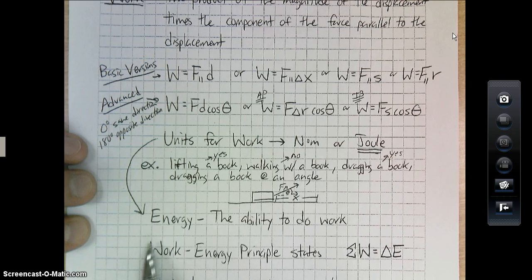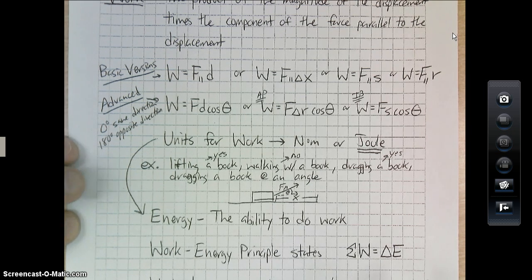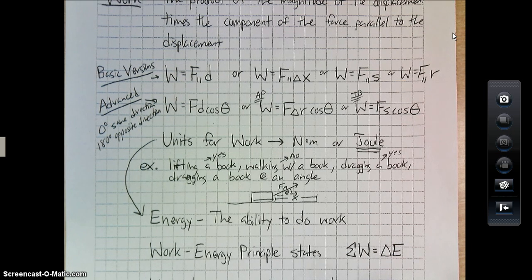But we can sum it up with what's called the work energy principle, which says whatever net work we do results in a change in energy. For example, somebody who decides they're going to run. If you start running, you're changing chemical energy stored in your body into kinetic energy. We haven't talked about this type of energy yet, but it's energy due to motion. You're transferring your chemical stored energy into kinetic. You're doing work. You're using a force to displace an object, yourself in that case. That's an example of how work and energy are actually related.